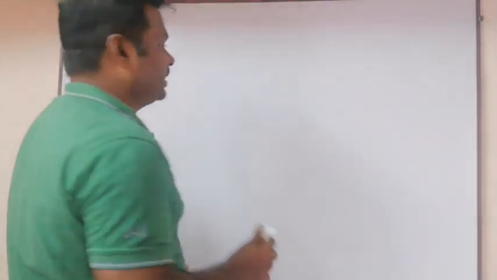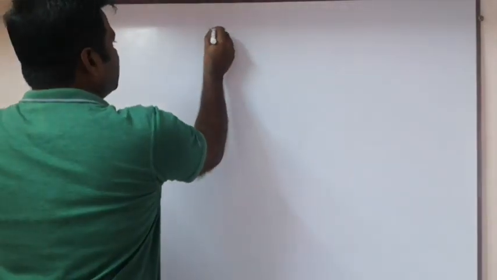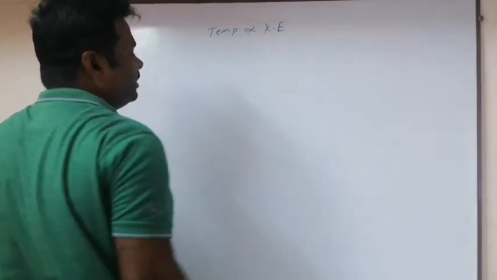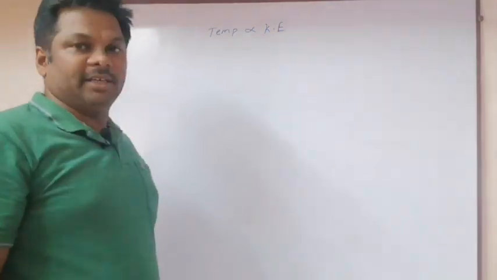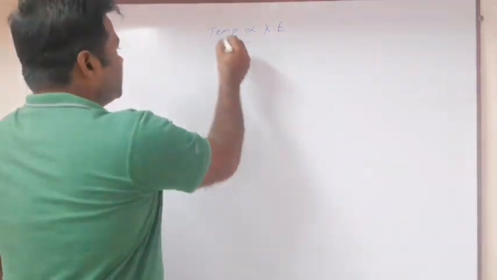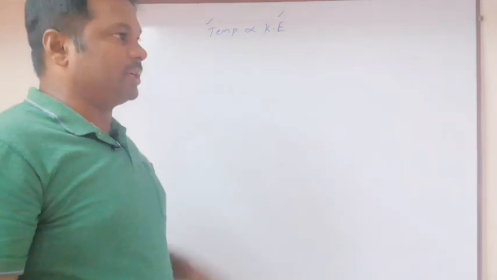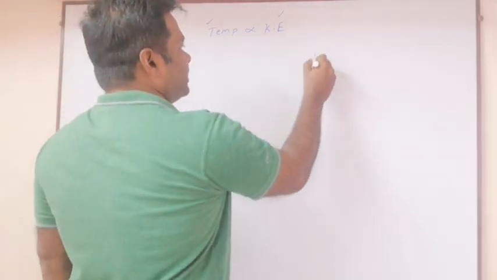In the last class, the last point, that is the relation between temperature and kinetic energy. So temperature we got. Now let me give you some information about kinetic energy. What is kinetic energy actually?